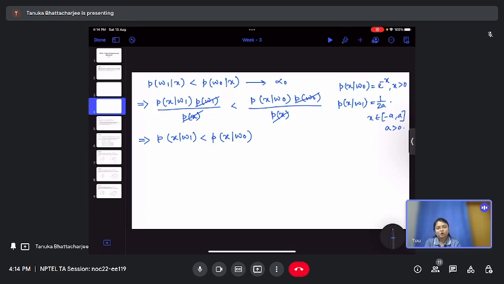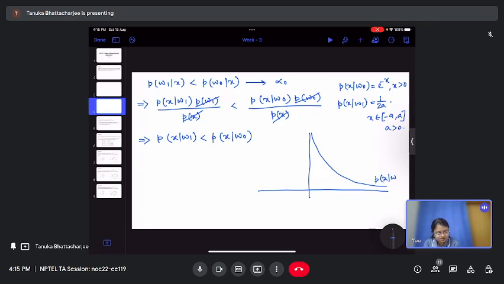So, if I plot these two class conditional densities, how will they look? First, the class conditional density for class omega 0 is an exponential function e to the power minus x for x greater than 0.